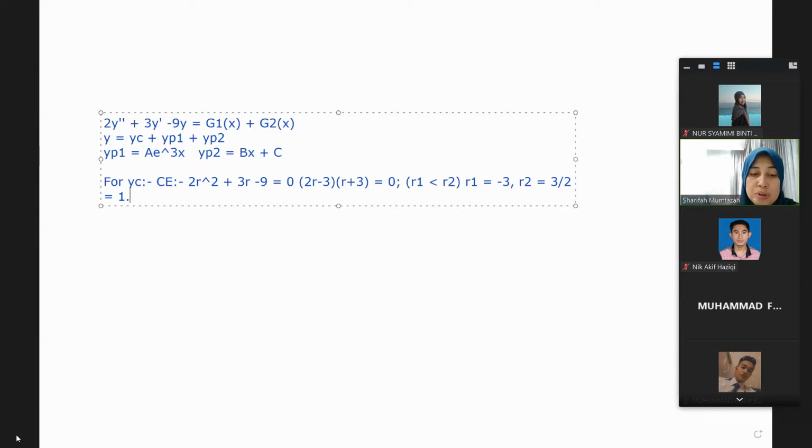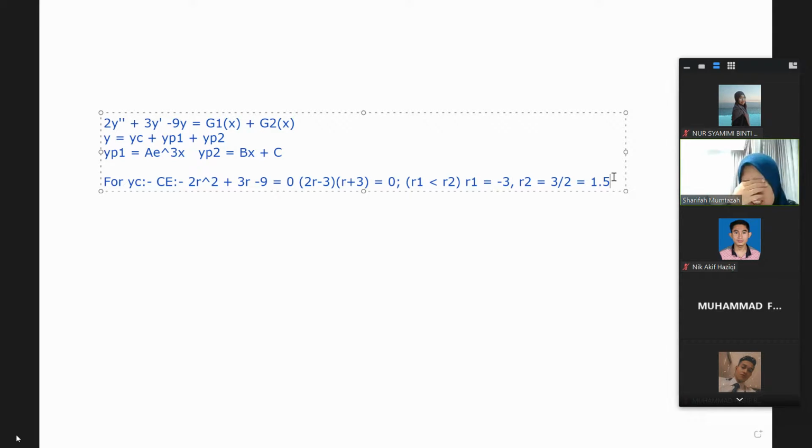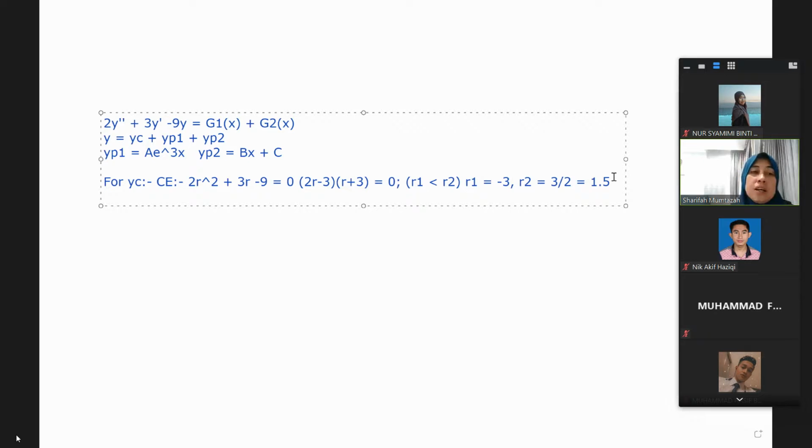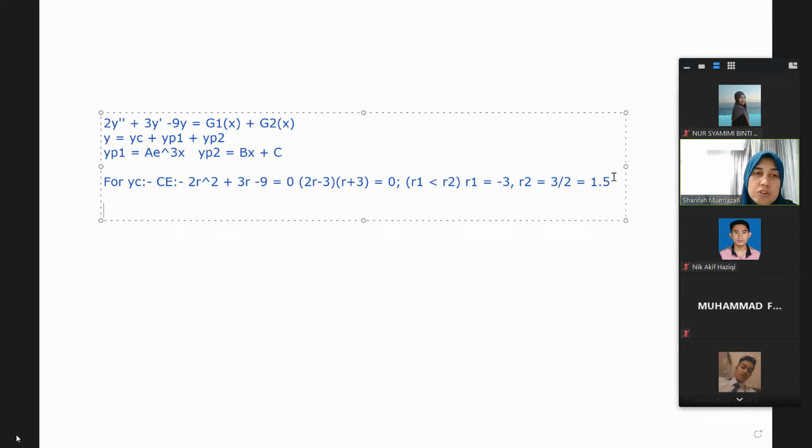I've told you I want to the two digit floating points, but never mind. If you give me 3/2, I will try to autocorrect it later on. So this should be the same for all the groups. The only difference is with regards to the ABC.